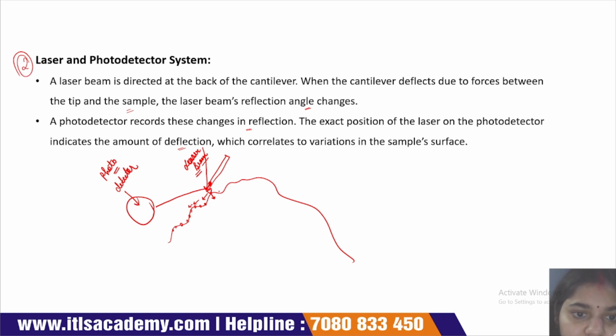Due to the scanning of the biological surface, the force on the tip cantilever changes or deflects.